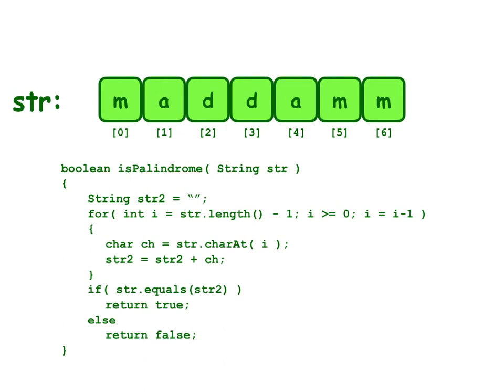Then when we enter the for loop, I declare a character and obtain the character at index i of str. Then I concatenate that character onto str2 using the addition operator. Then after the for loop completes, I create an if statement comparing str and str2. If equals returns true, then the method returns true. If it doesn't, then the method will return false.